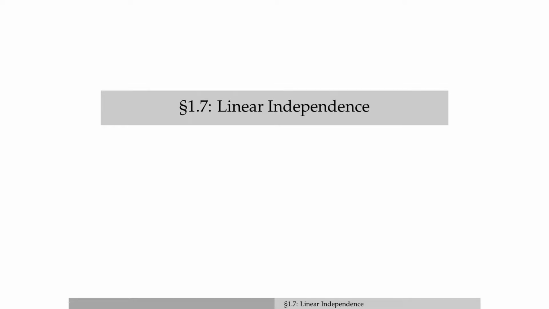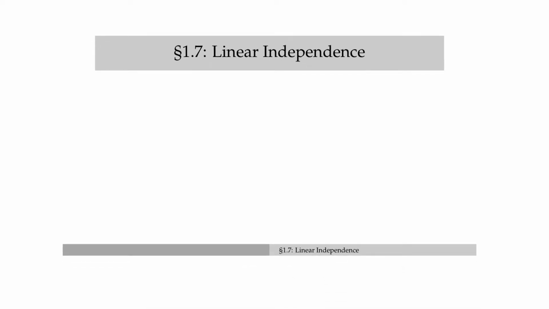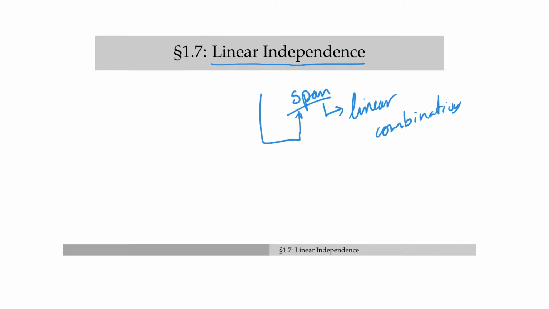Linear independence. A few days ago, we learned about this innocuous thing called the span, which depends upon linear combinations. Now, the span, together with linear independence, provides a very good characterization of a set of vectors.